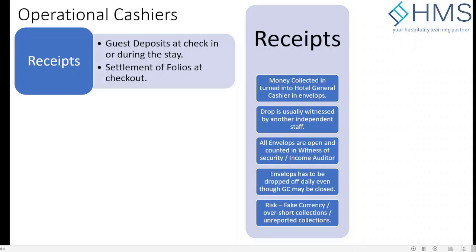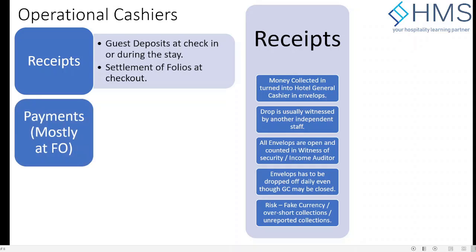Another method is to do a surprise cash count on the cashiers who usually have an overage or a shortage. You may want to check on those cashiers on a regular basis, so that we can make sure there are no unreported collections. So that's the process of the receipts and the internal controls required on the operational cashier.